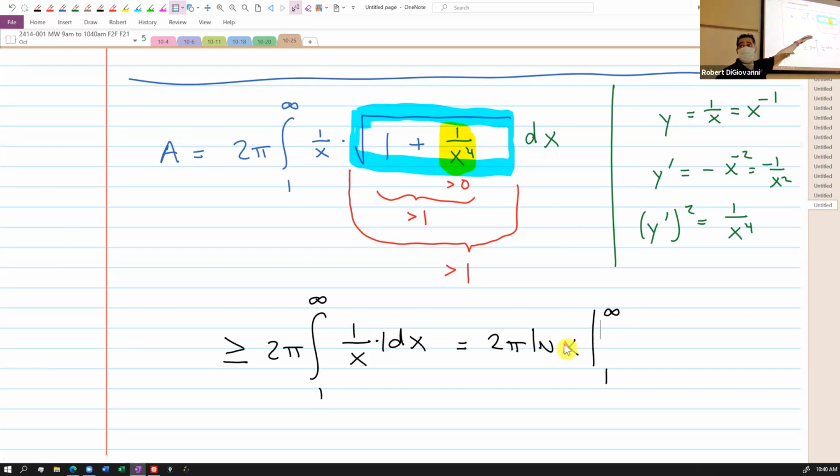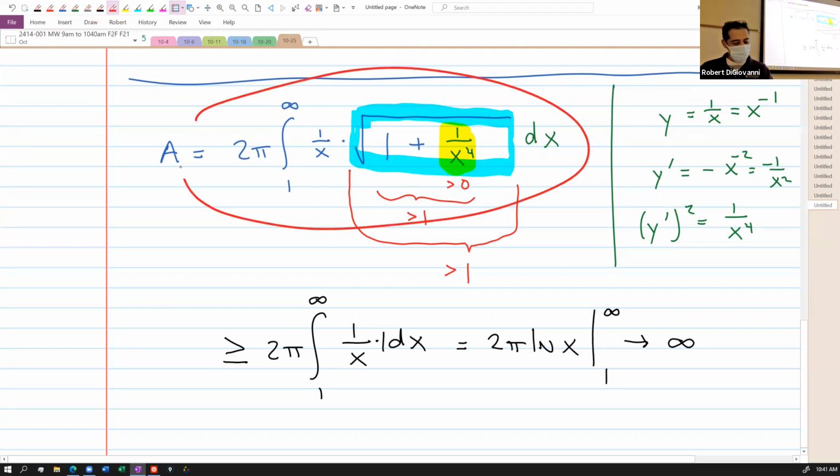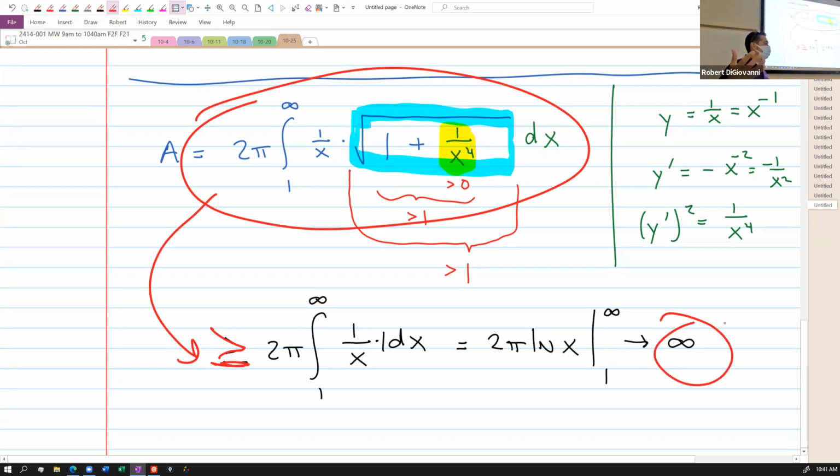It grows, it becomes infinite, doesn't it? And then when you plug in 1, natural log of 1 is 0. But the whole idea is that this thing is infinite. But our integral must be bigger than or equal to infinity, which means it must also be infinite.